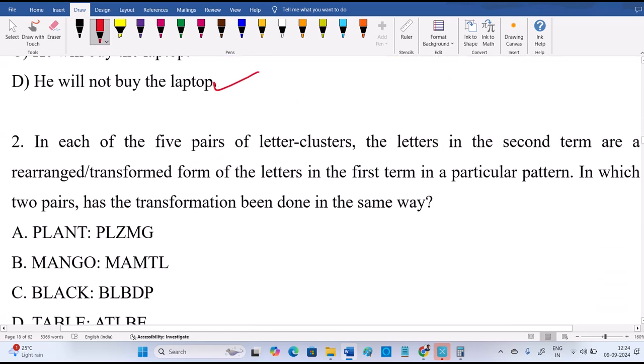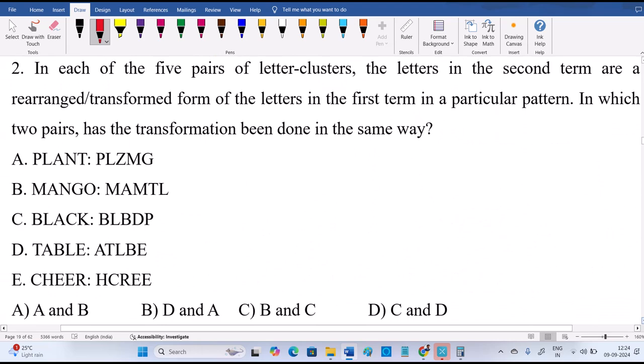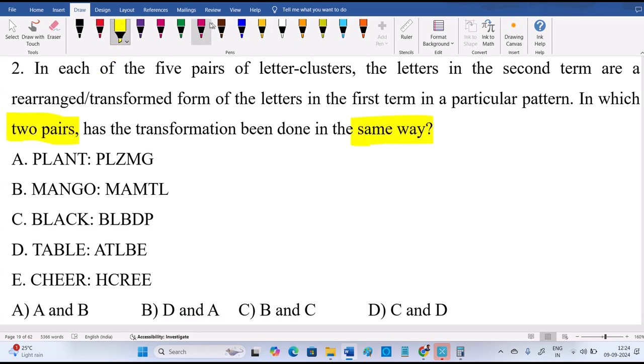Right. Next one. I believe you people already have an idea, we discussed this. Two pairs having the same weight, same transformation. You pick the pairs where it has the same transformation. I believe it may be AB or BC or AC combination, because it seems like the first letters are the same in both. First two letters, is it or not?